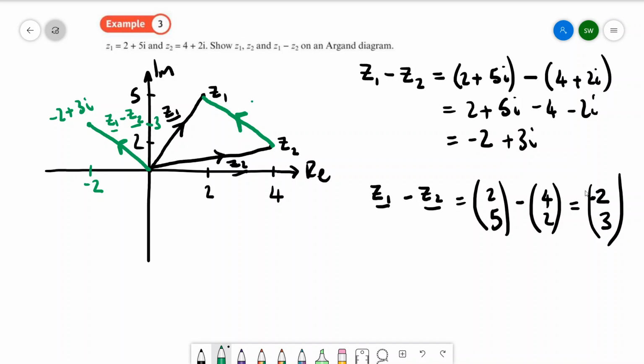So that's the vector Z1 minus Z2. So that's a really useful fact that we're going to use quite a lot later on. You can find the vector that goes in between 2 points on the Argand diagram using just what you would normally do with vectors by subtracting them.